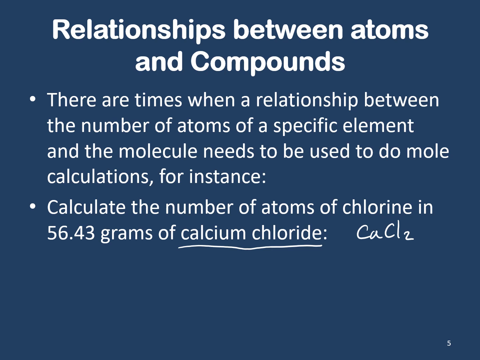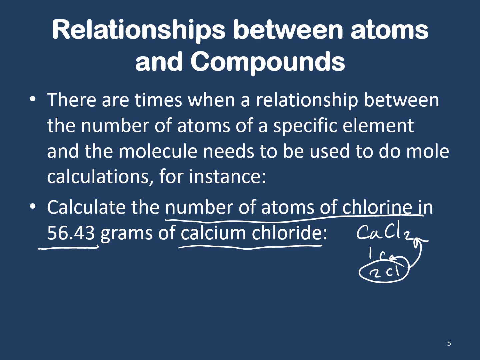Mole ratios allow us to convert from the compound to one of the atoms within the compound. In this compound, we know that there is 1 calcium and 2 chlorine atoms in each calcium chloride formula unit. Now, if I have 56.43 grams of calcium chloride and I want to know how many atoms there are in that sample, I need to use this relationship of 2 to 1 to do that.